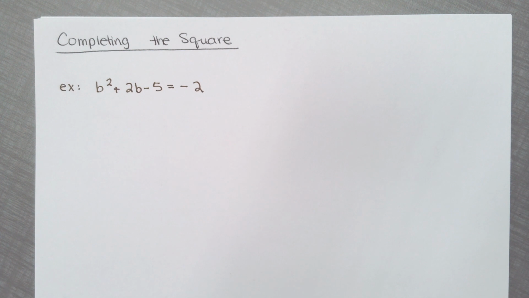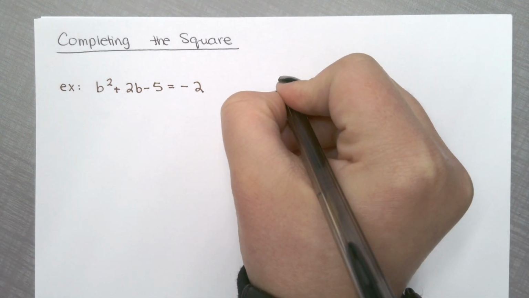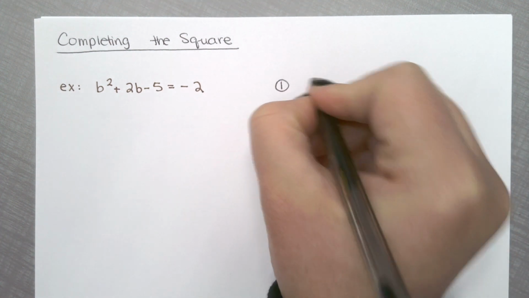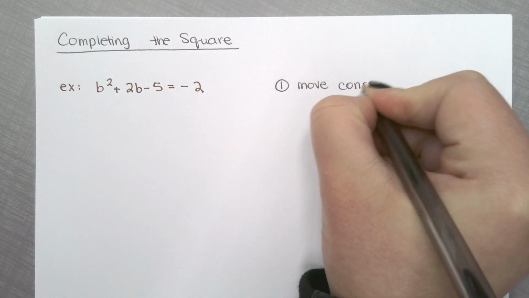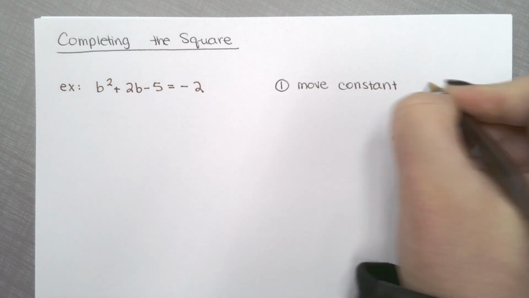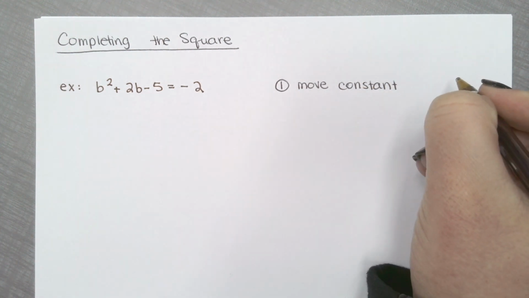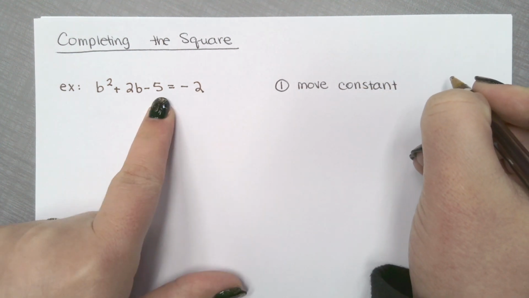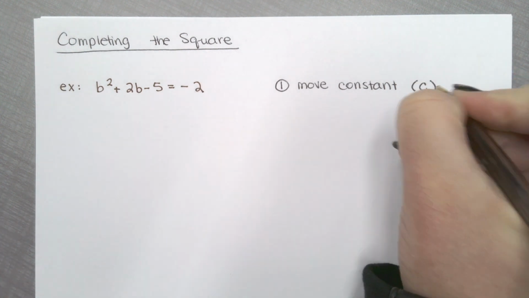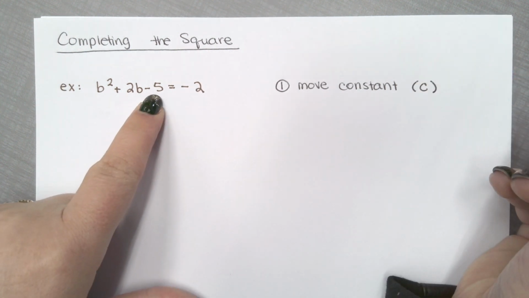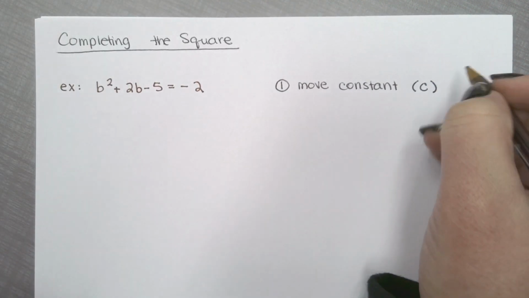When you are completing the square, step number 1, you want to move the constant to the other side. And now a question came up yesterday, which constant? Like for example, we have a negative 2 and a negative 5. How do you know which one to move? So I'm going to call this constant C. So your C value in your trinomial, that's the one we want to move to the other side.